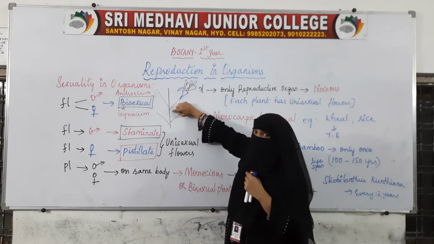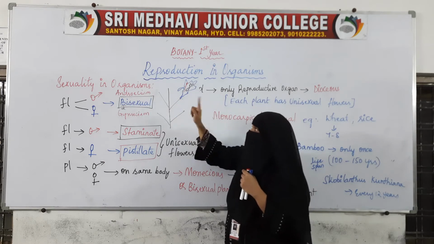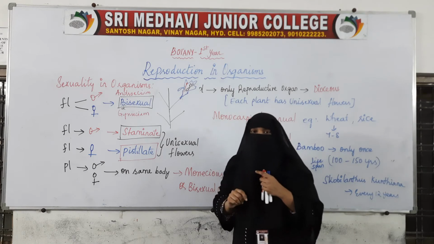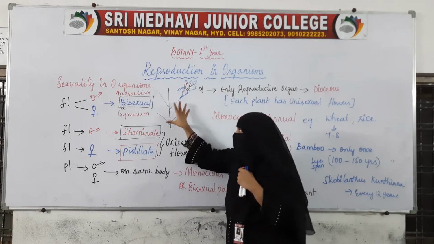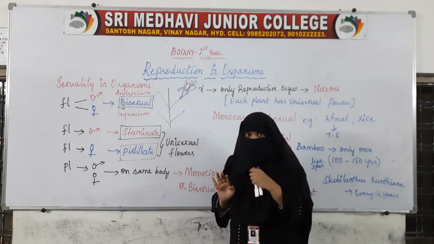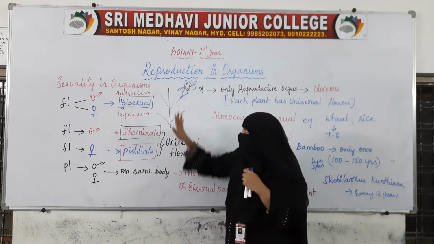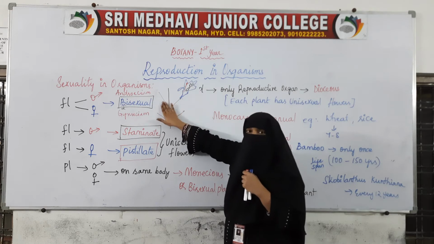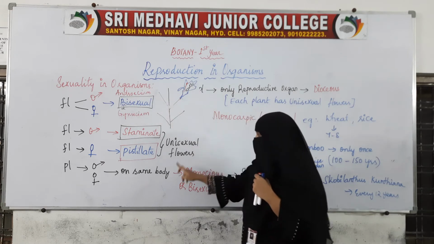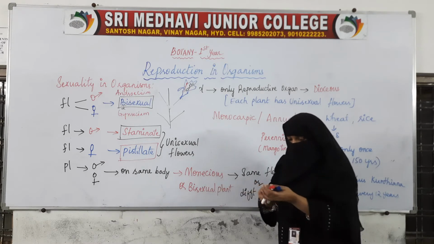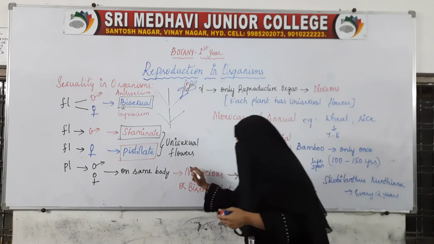If on one plant we have both male and female reproductive organs on the same body, if male and female reproductive organs are present on the same plant, then that plant is said to be monoecious.